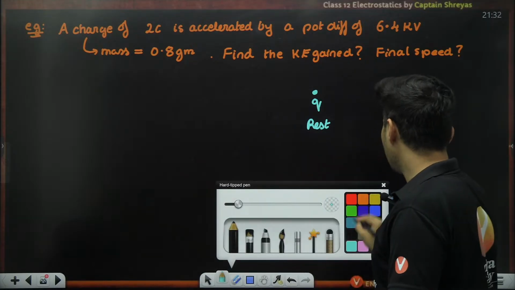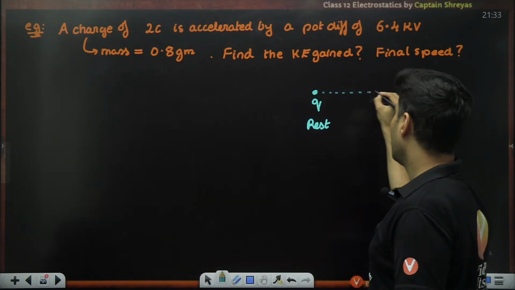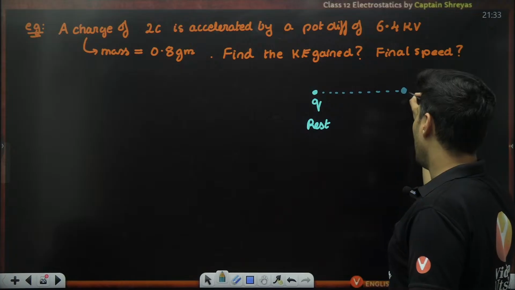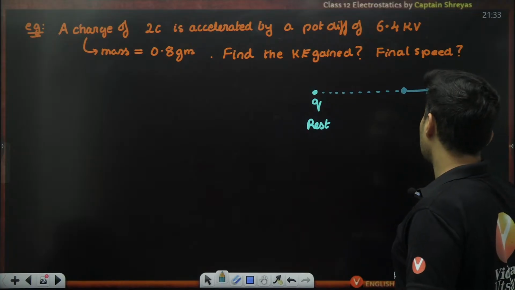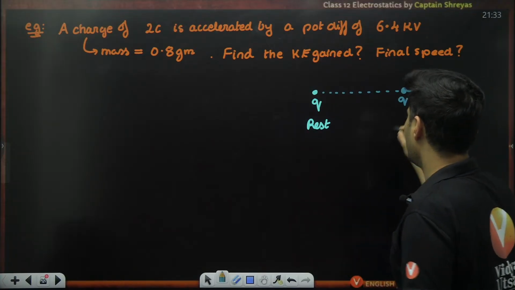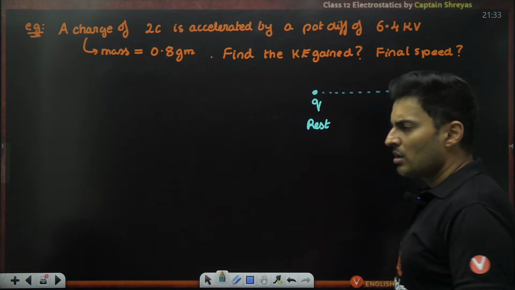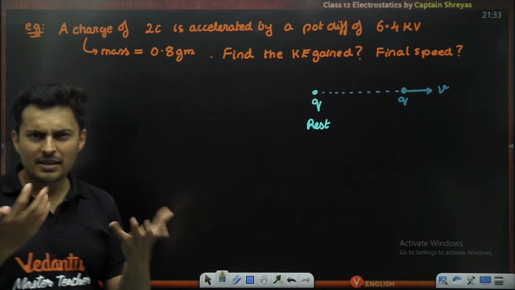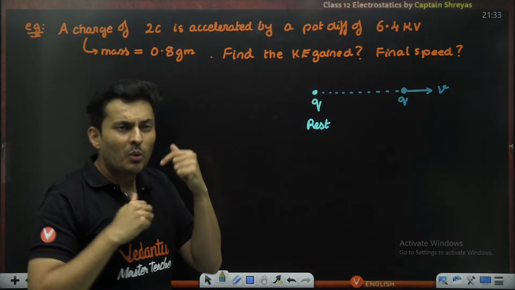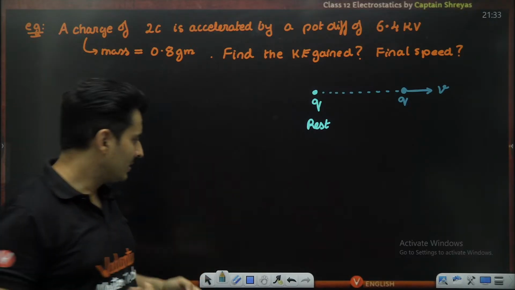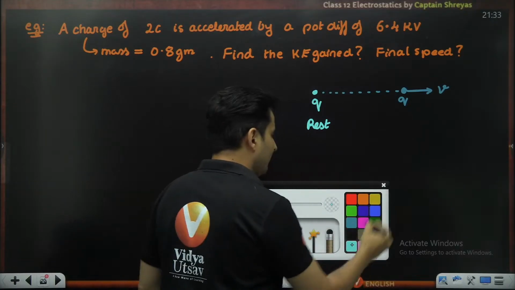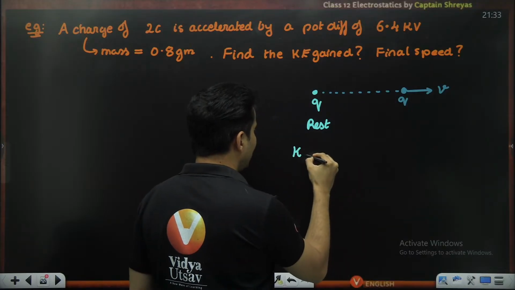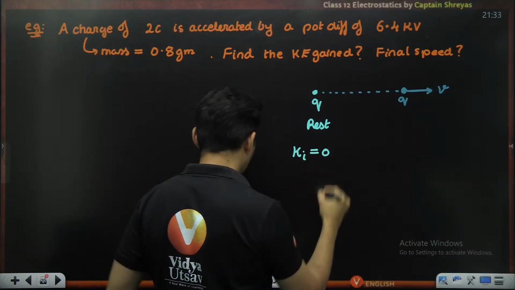What happens is that you accelerate it, and it finally gets some speed. So I'm accelerating it by some voltage and it is getting some speed. Now, what exactly might be happening? Understand. Over here, the kinetic energy initially is zero.